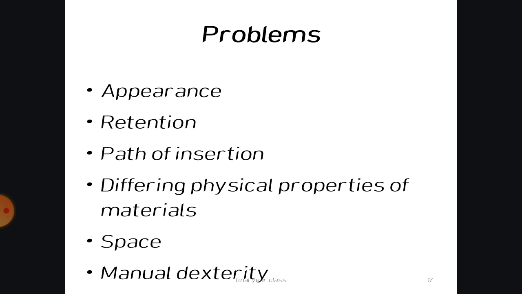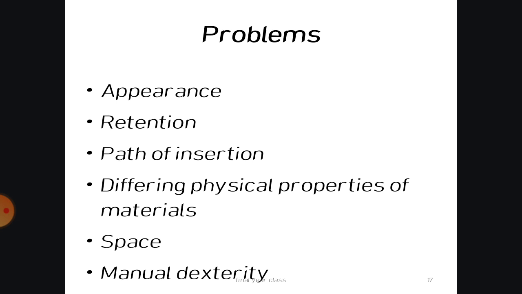If you take a complicated attachment, it will be difficult for the patient. So the age of the patient has to be taken into consideration, whether he will be able to place it properly. If he is not able to place it properly, there will be chances that more repair or more adjustments are required, and the wear and tear of the attachment also will increase, which again will compromise the prognosis of the prosthesis.